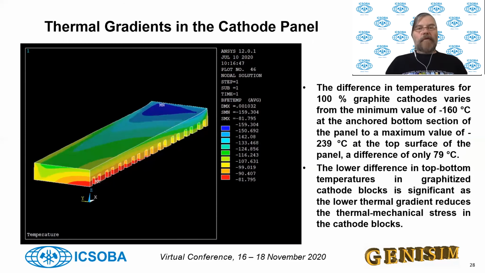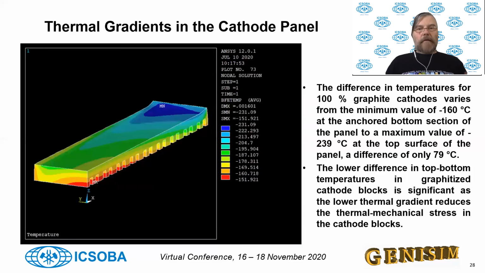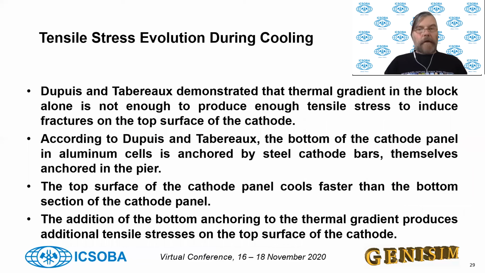So that's the temperature. Those temperatures that I'm showing here will be used to compute the shrinking of the cathode panel. And from that shrinking and the gradient in that shrinking, some stress is occurring, but that's not enough to generate cracks.